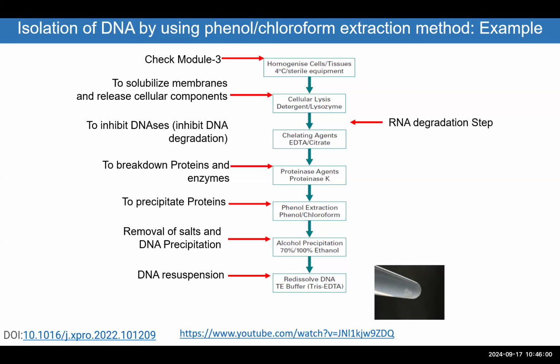They will list those steps for you in a way that tells that first you have to homogenize the tissues and you have to make sure that you are at 4 degrees in a sterile environment, depending on what is the downstream experiment. So for the homogenization process, you can check what we did in module 3. So then the lysis process, where you use the detergents.